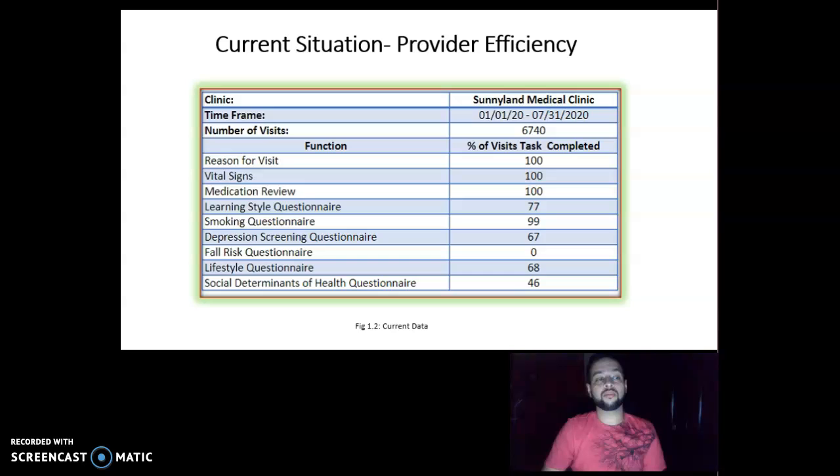According to the most current provider efficiency profile, PEP, we can see data on fall risk assessment is not being recorded. Lack of fall risk documentation is unacceptable since the organization is an accountable care organization, and fall risk is a safety effort for the clinic. Hence, we discovered a problem within the workflow.